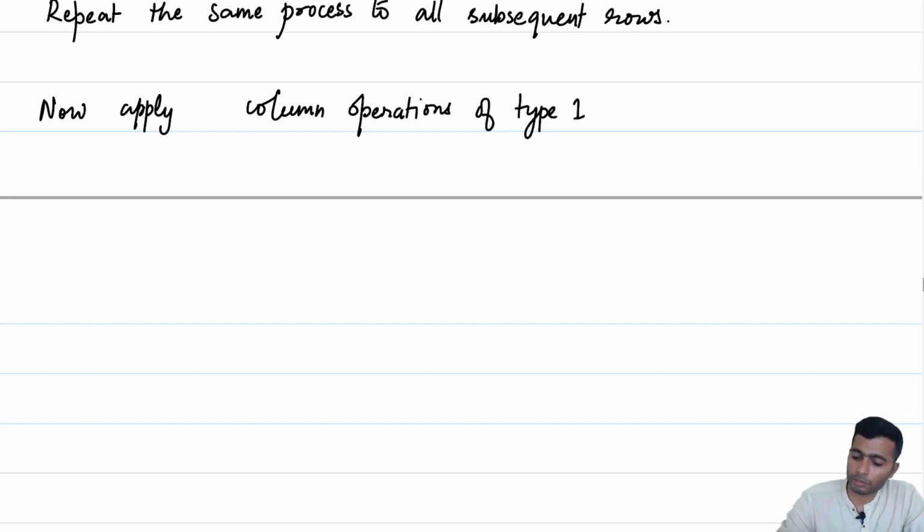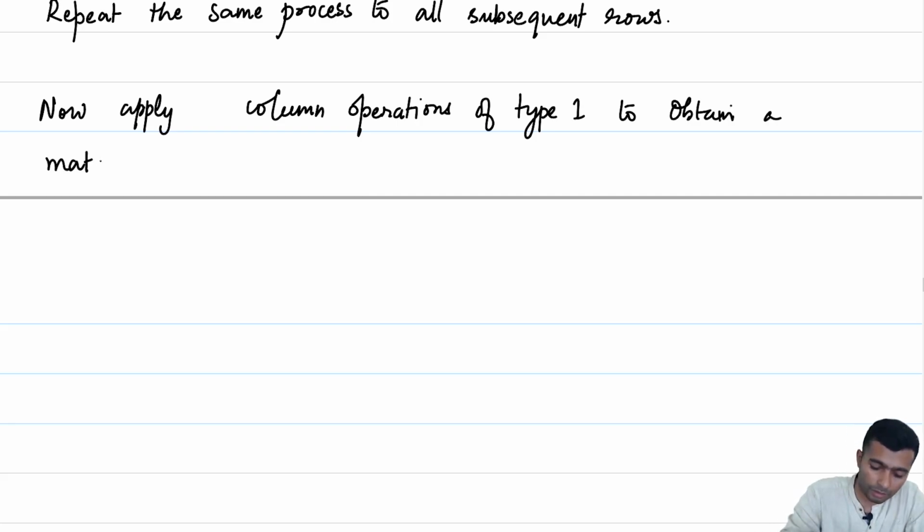Now apply column operations of type 1 to obtain a matrix where the first r rows have 1 in one of the columns and 0 elsewhere. If you swap the columns accordingly, we will get a matrix of the type required.